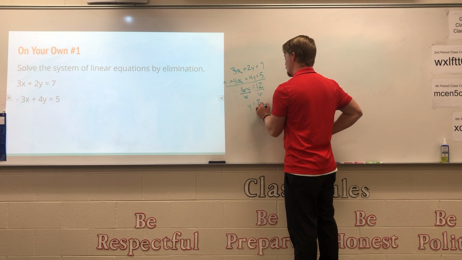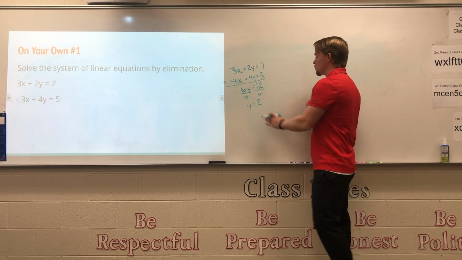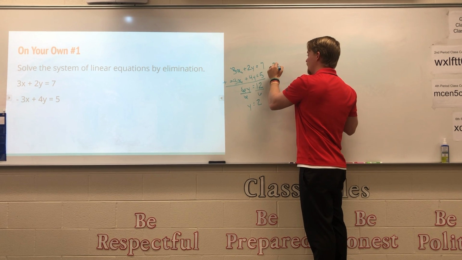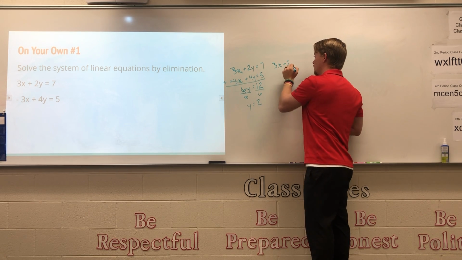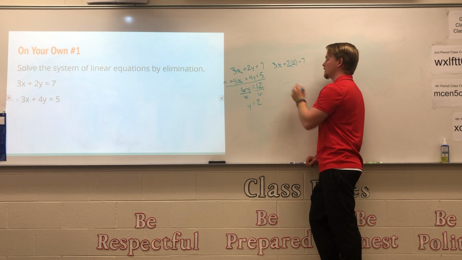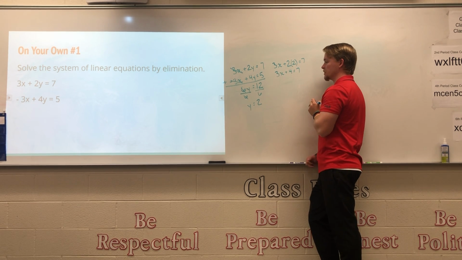y equals 2. So then we take that y equals 2 and plug it into one of the original equations. Again, either is fine. I'm just going to use the first one. 3x plus 2, and in place of y, we have 2 equals 7. So then we have 3x plus 4 equals 7. And we're just solving.